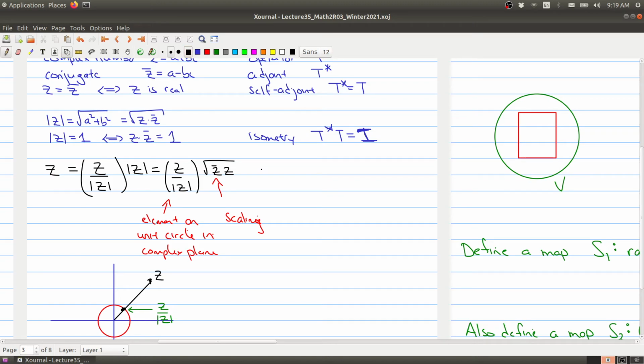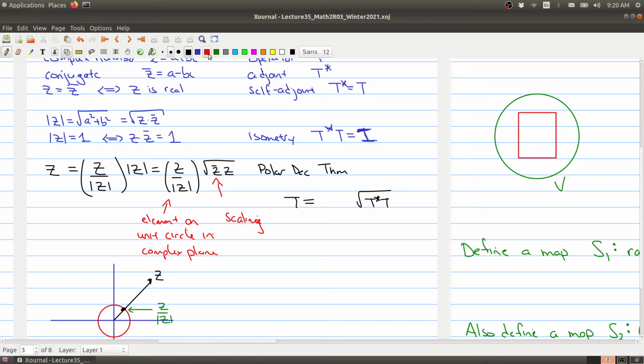And what the polar decomposition theorem that we're aiming towards describing today says is that you can do something similar. You can take your z, which would correspond to an operator. You can take this piece right here, which would be the same thing as taking the operator T times its adjoint and taking the square root.